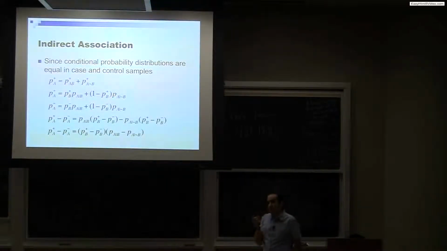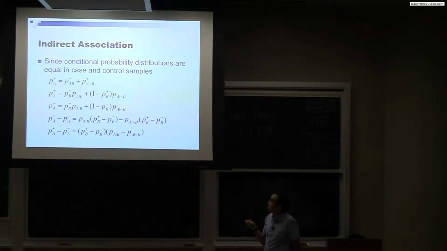Yeah, exactly. There's two ways that somebody can have, in the cases, SNP A. The person can either have A and B, or A and not B. Those are the two ways. And so this probability can be split into these two probabilities. These are obviously disjoint groups, right?